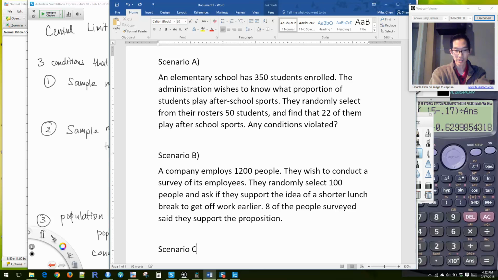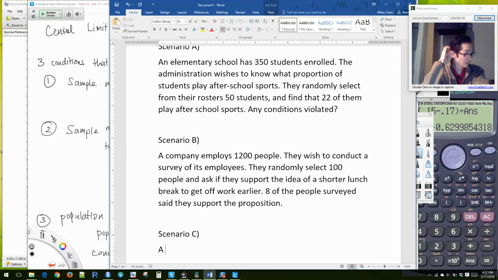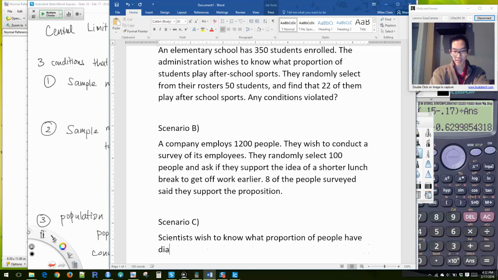Scenario C. Scientists wish to know what proportion of people have diabetes. They post advertisements in the newspaper and await responses.